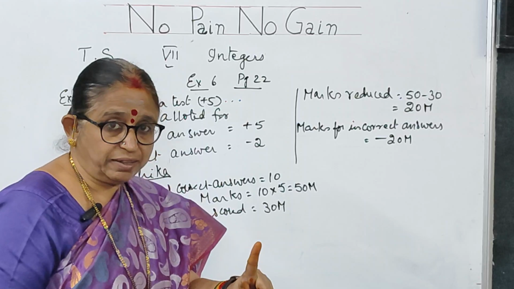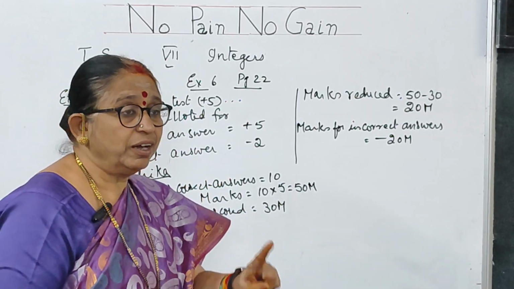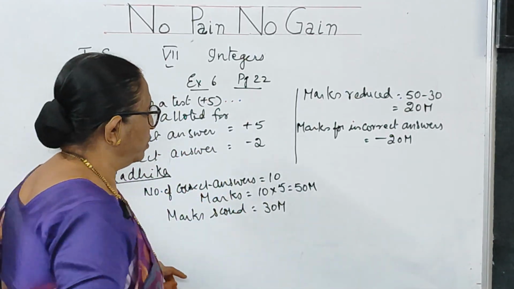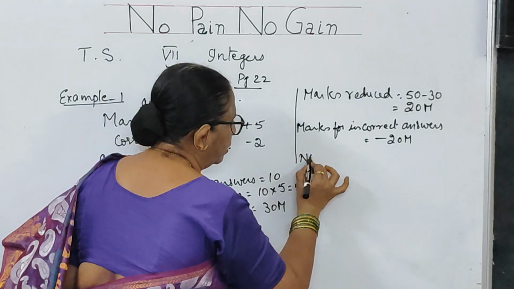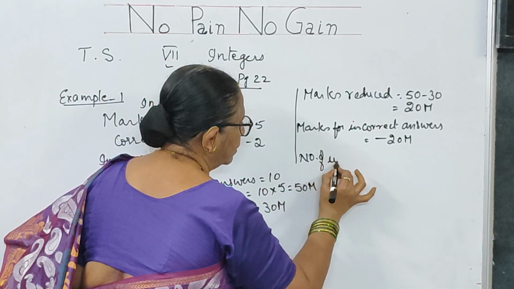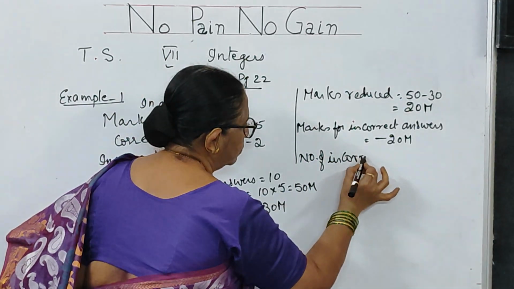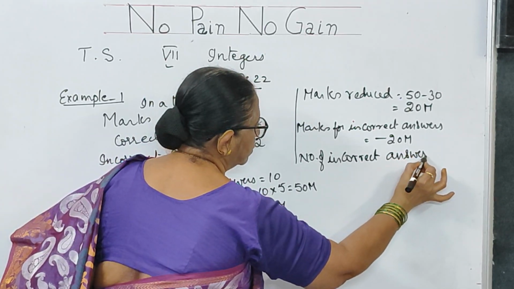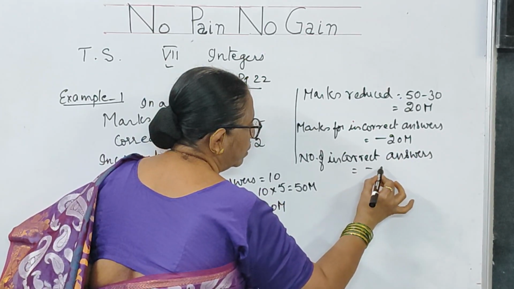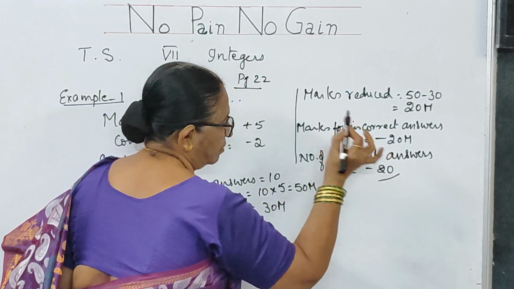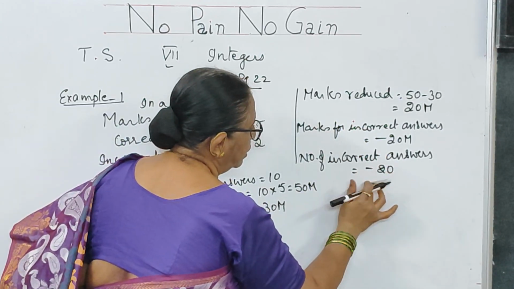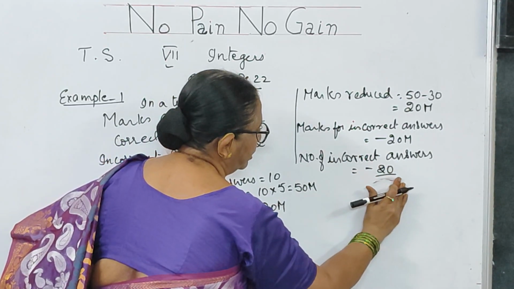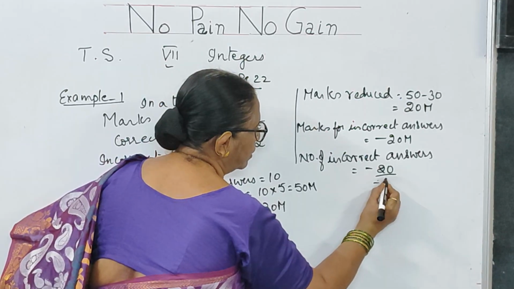See, children, total she has got minus 20 marks, negative marks. For one incorrect answer, 2 marks got reduced. So, what are the number of incorrect answers? Number of incorrect answers. How many, children? From this minus 20 should be divided by minus 2. Why are we taking this, children?